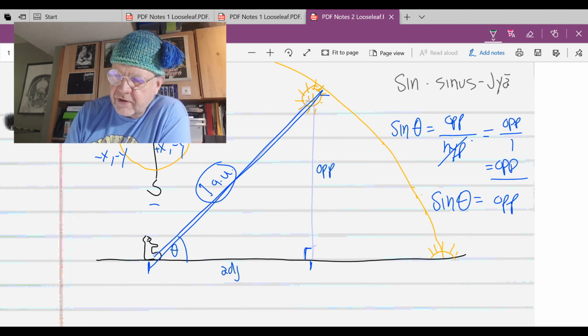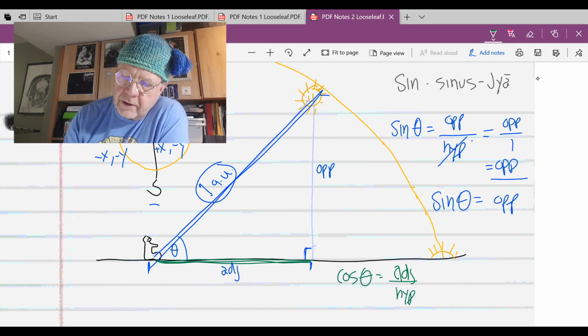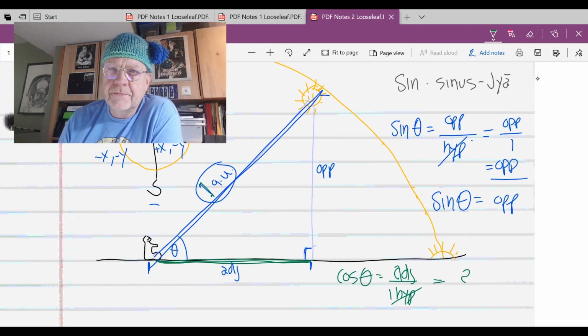Likewise, if I'm interested in this distance here, which you know is the adjacent, cosine of theta equals adjacent over hypotenuse, but the hypotenuse is still 1 here, which means that cosine theta is simply the adjacent side.